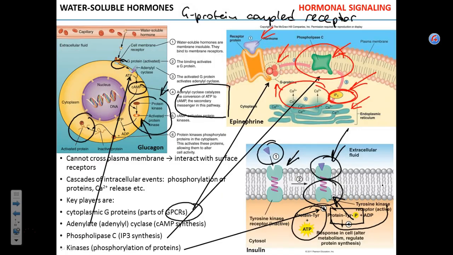Because if you think about it, one hormone interacts with one receptor, activates one G protein, activates one molecule of adenylate cyclase, and it starts to churn out cyclic AMPs on and on and on. A lot of cyclic AMPs will activate a lot of proteins downstream, which will activate even more proteins downstream. So it's like an avalanche.